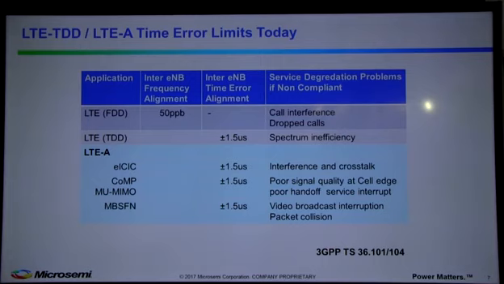In the time error requirements, CDMA had requirements of plus or minus 2.5 microseconds, but LTE TDD reduced that to plus or minus 1.5 microseconds, and LTE-A maintains the 1.5 microsecond requirement for various functions, including interference management, massive numbers of antennas, and single frequency networking. The time error requirements in LTE, as you see, are plus or minus 1.5 microseconds.